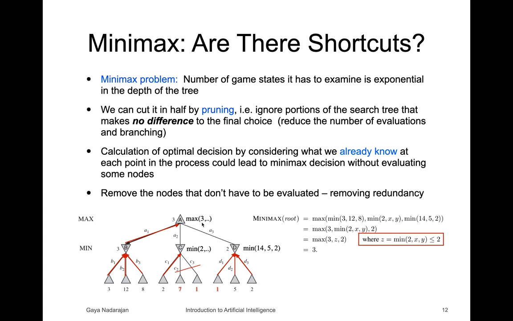And if you're going to pass that number back, which is 1 or less, that's not going to affect this maximum. So that's the idea, and that's the intuition behind alpha beta, and you need to make sure that you understand this at the very least.